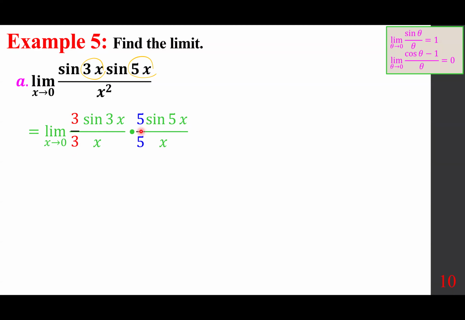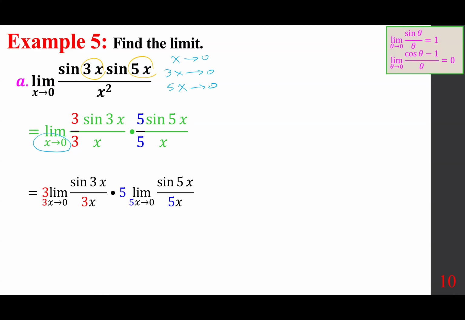So I'm looking at this piece and this piece separately. And please understand what happens as x goes to 0, so does 3x. So does 5x.